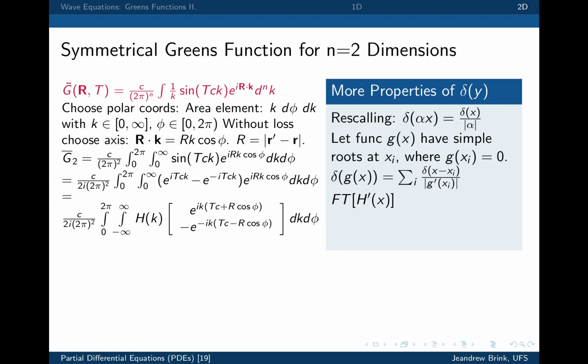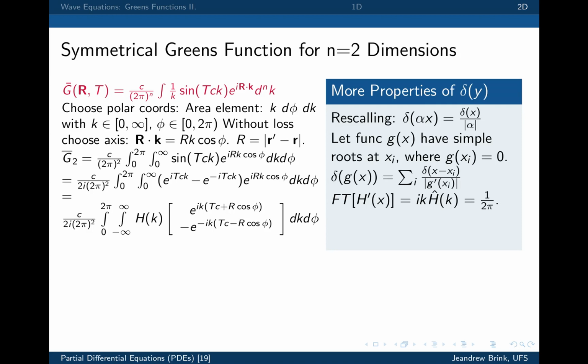Now, the Fourier transform of the derivative of h of x, we proved right in the beginning when we looked at the derivative of a function in general, it's simply ik h hat of k, and that was equal to 1 over 2 pi. So that's true.